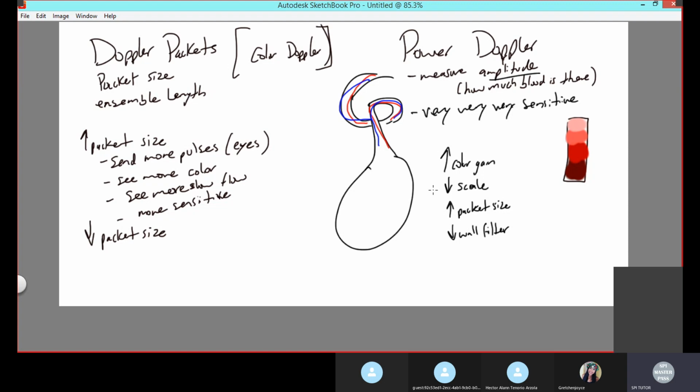So there's no pulse wave here. There's no direction here, because velocities deal with the Nyquist limit formula, the Doppler shift formula, with directions. This has none of that. With angles, this has none of that. This just says, if there is a little trickle, I'm going to see it.